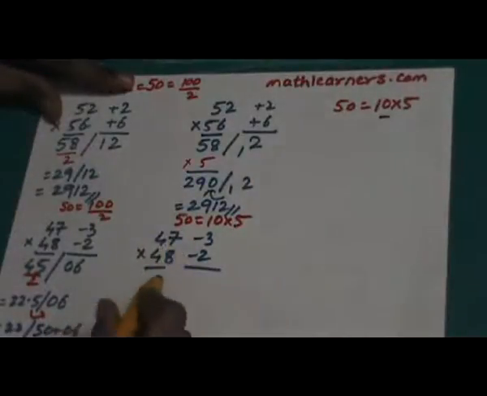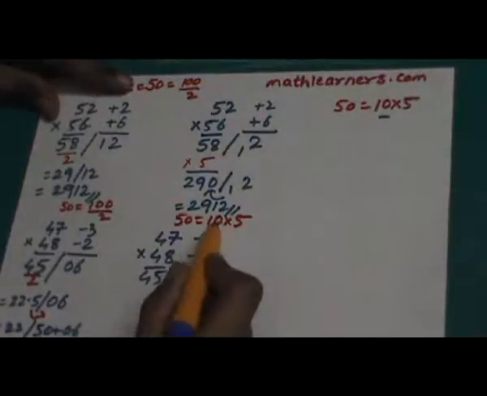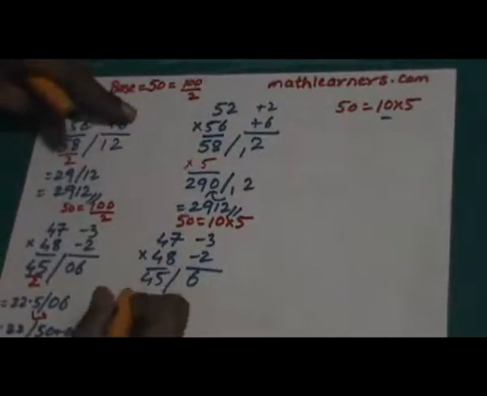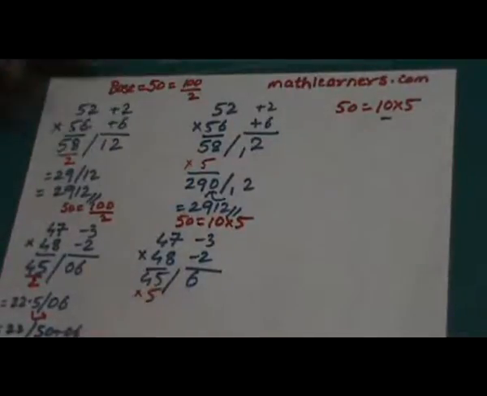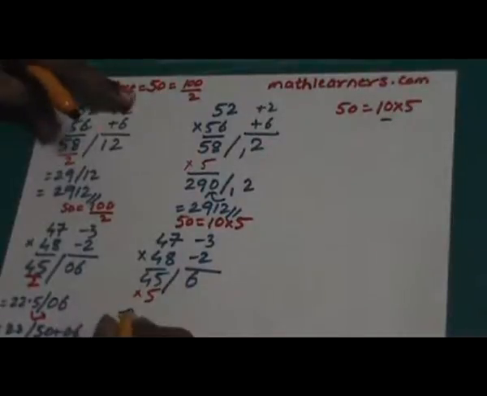Cross addition gives 45. Multiplication will give 6. But notice here we had multiplied 10 by 5, so here as well we will have to multiply by 5. So that gives us the result, that's your final answer.